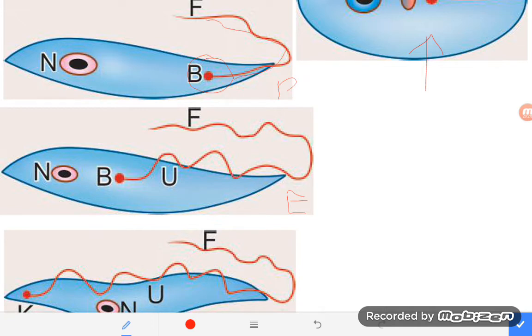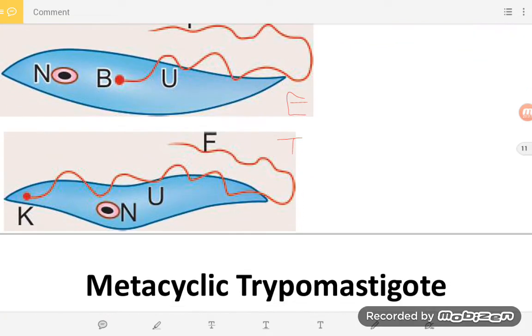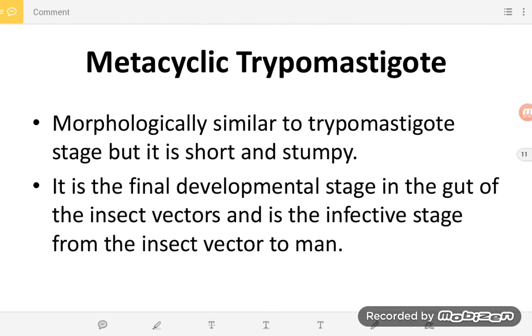Again this one, the trypomastigote form, you can see the nucleus at center, and anteriorly again the flagellum, but posteriorly you can see the kinetoplast. The metacyclic trypomastigote form is morphologically similar to the trypomastigote form, but it is shorter and stumpy.